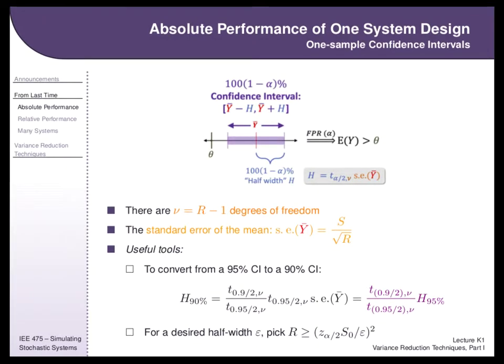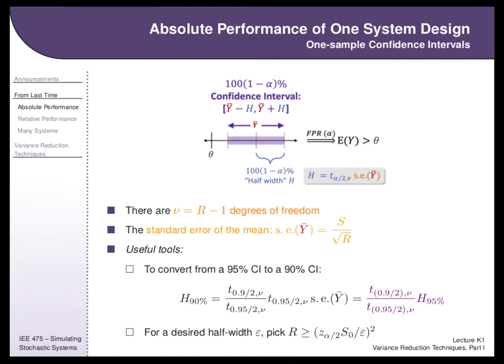So, useful tools. In your homework you have to calculate a 90% confidence interval. People have asked, how should I do that? Of course, in the output analyzer you can tell it 90% confidence interval, and I know that's what some people have been doing. But if you look at the half-width formula, you can see that you can rescale one confidence interval to the other by looking up the two t-values.